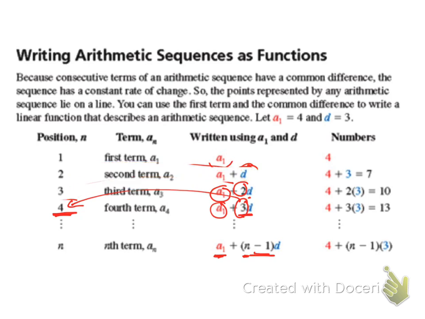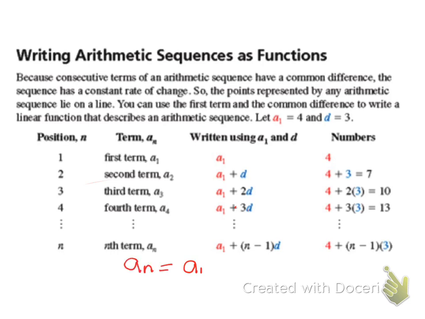So the way that the formula works is, I'm going to write it big for you to see. And I want you to write this down. It's a sub 1. It's the first term. So we're going to say a sub n, any term number, is equal to the first number plus the position minus 1 times the common difference.